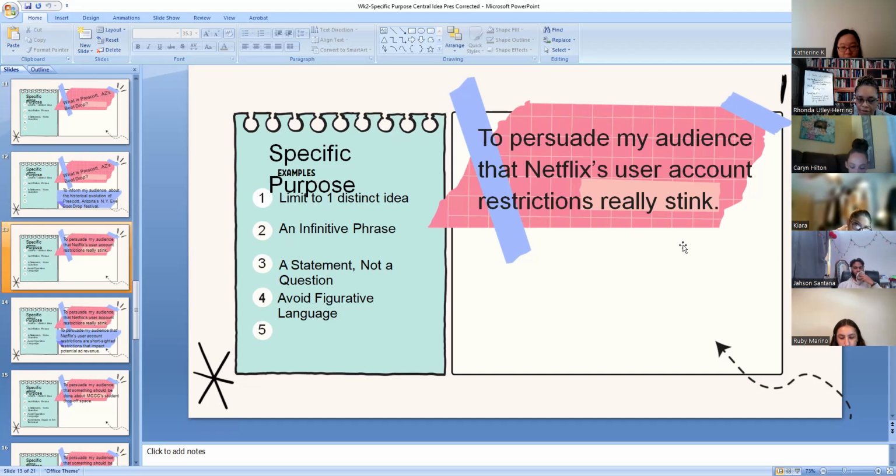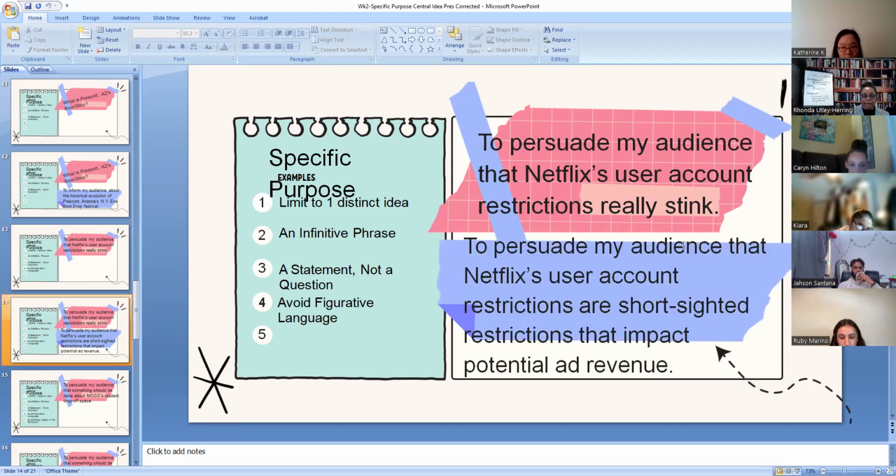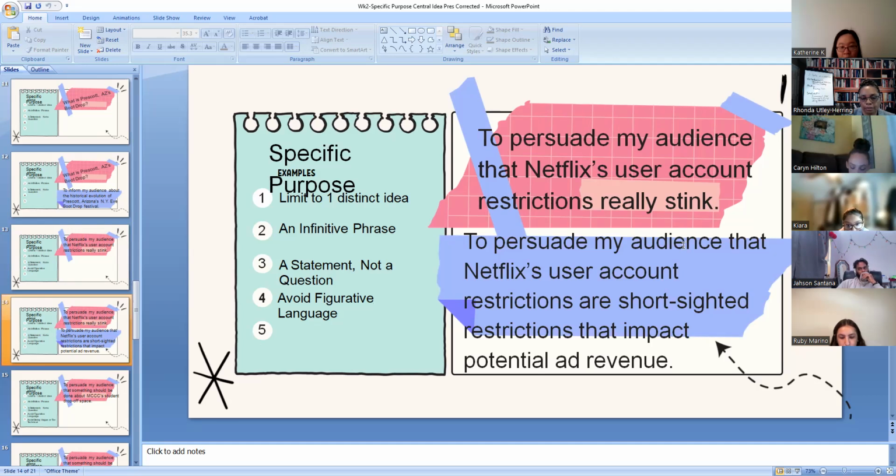So a better specific purpose might be to persuade my audience that Netflix's user account restrictions are short-sighted restrictions that impact potential ad revenue. See the difference?